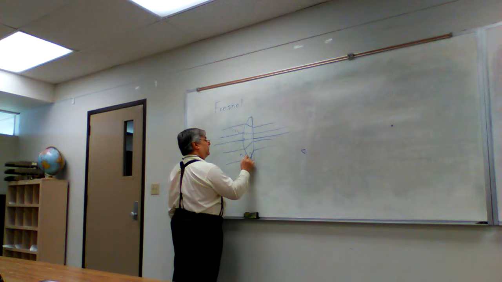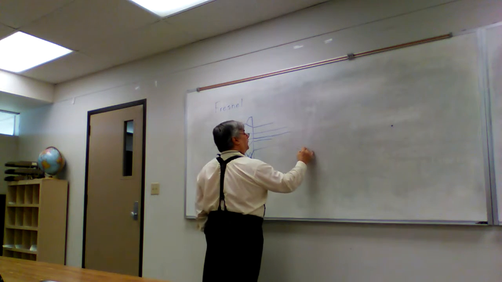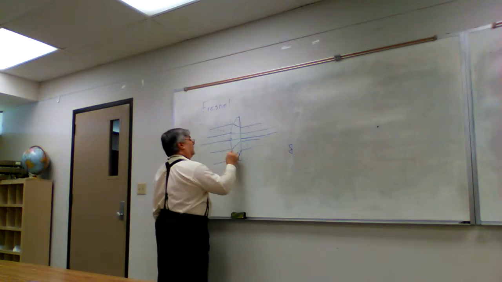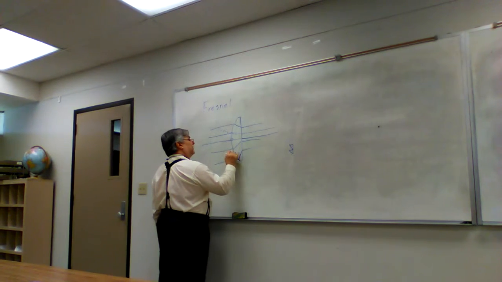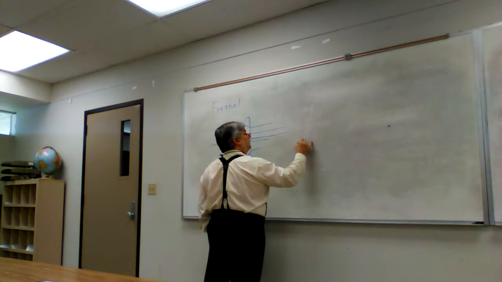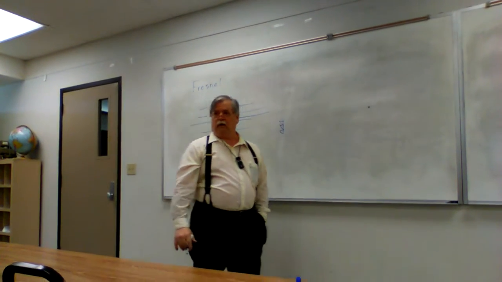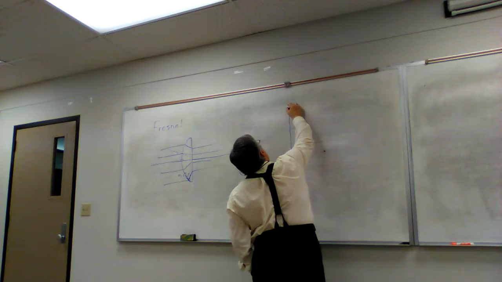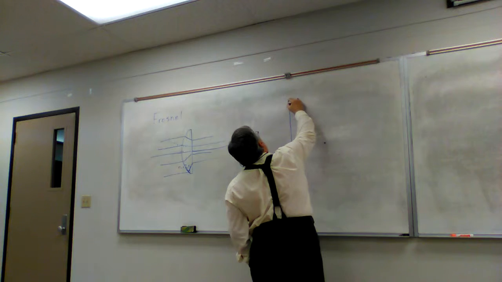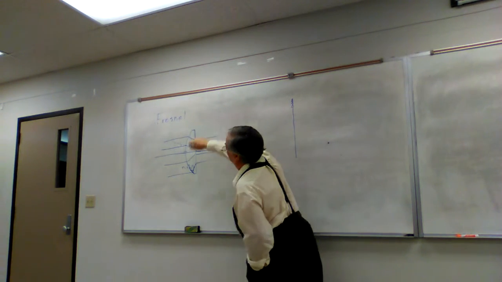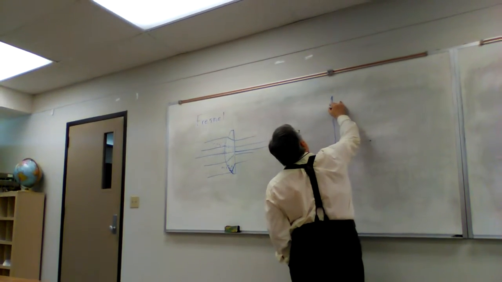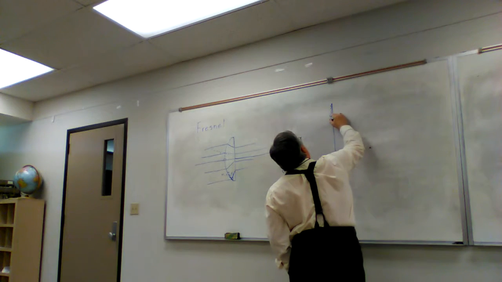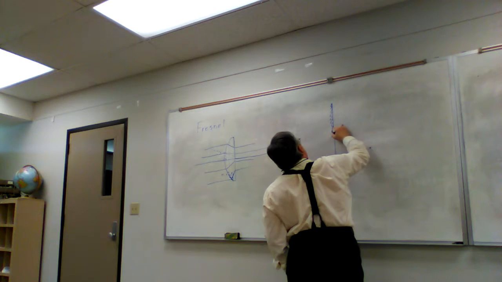And then we'll take this little chunk of the lens and cut it out. And then this little chunk and cut it out. And that's a Fresnel lens, where you have basically the curvature of that whole arc in little segments, all the way down to some center point.